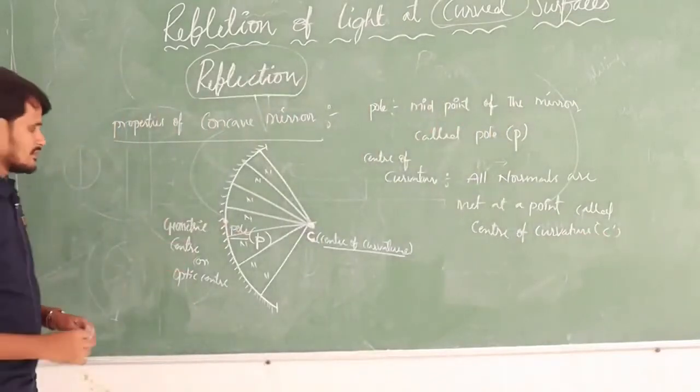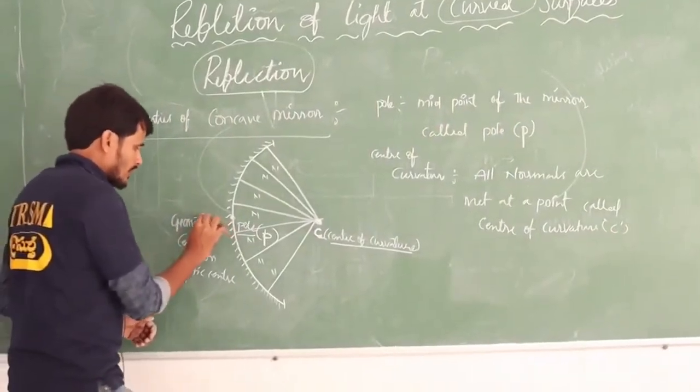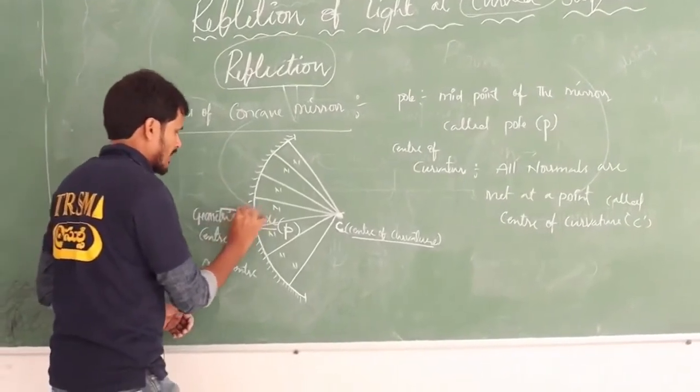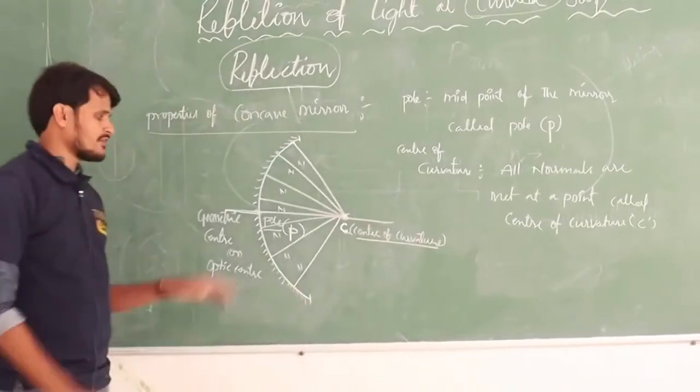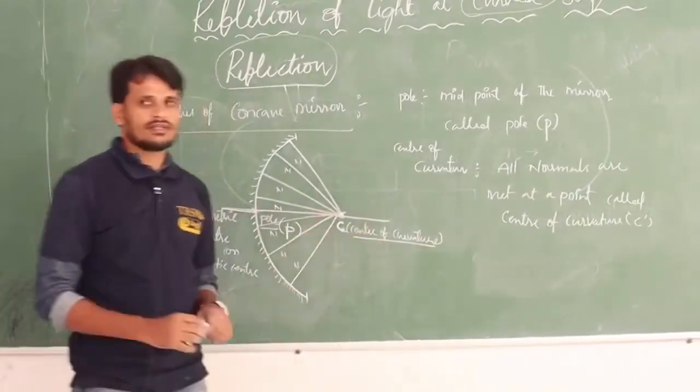Now imagine one ray passing through the pole and the center.